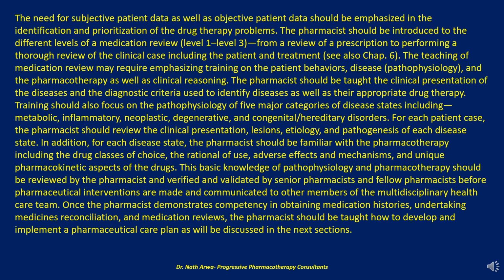For each patient case, the pharmacist should review the clinical presentation, lesions, etiology, and pathogenesis of each disease state. In addition, for each disease state, the pharmacist should be familiar with the pharmacotherapy including the drug classes of choice, the rationale of use, adverse effects and mechanisms, and unique pharmacokinetic aspects of the drugs.